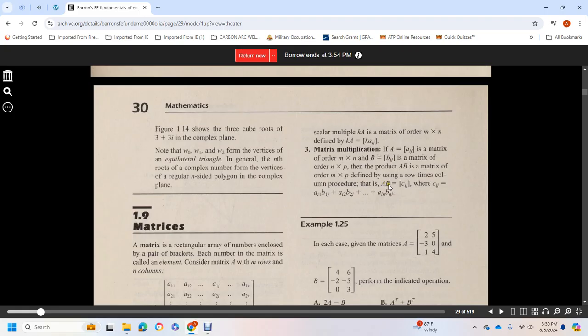That is, A times B is equal to c_ij, where c_ij is equal to a_i1 b_1j plus and so on, up to a_in b_nj, with n the number of columns of A and the number of rows of B.